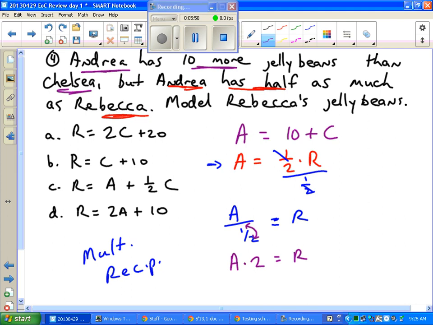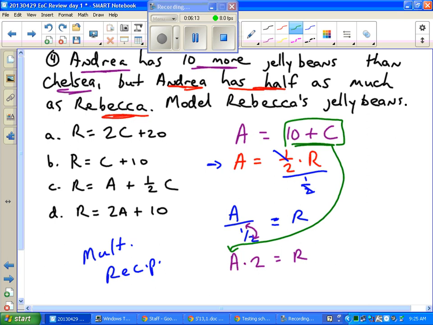Now that gives us R by itself, but we don't know how many values we have there. So you need to go back and plug in. A's value is 10 plus c. That's what it says: A equals 10 plus c. So in place of A, plug in 10 plus c. I'm going to reorder this just to shape it up a little.